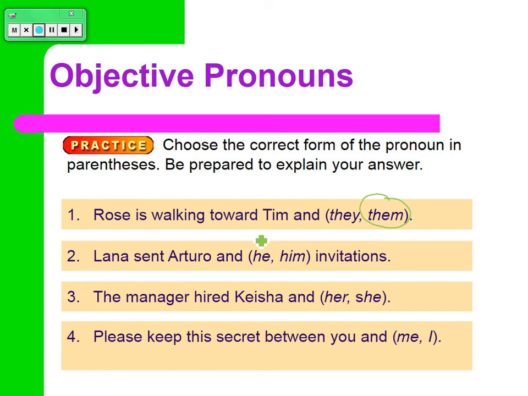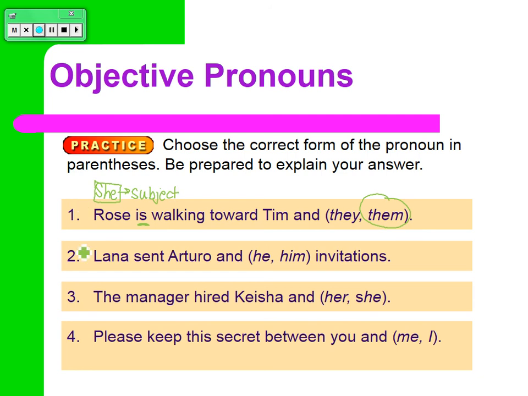If I wanted to replace Rose, what would I use? She, right? And then ask yourself, is she the subject or the object? She's doing the walking. She is the one doing it. So it would be subject. Okay? She is always subject.